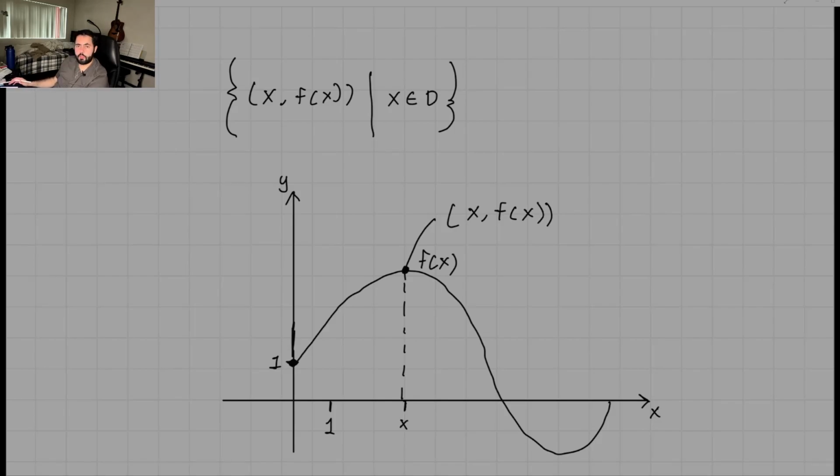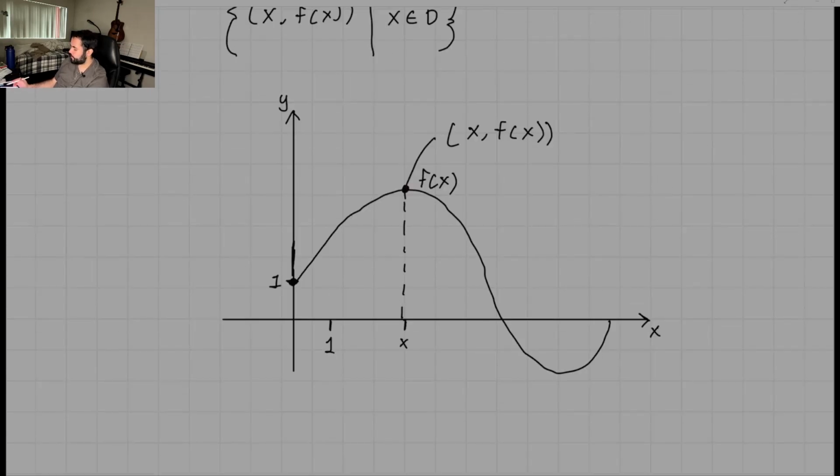Now, the reason why the graph is such a useful representation of a function is because we can see a lot of things that might be difficult to see in an equation or in a table. For example, we can see the range of values that our output has. I'm just going to assign a random number to this. I'm just going to say that the maximum output that our function can have is 6, whatever.